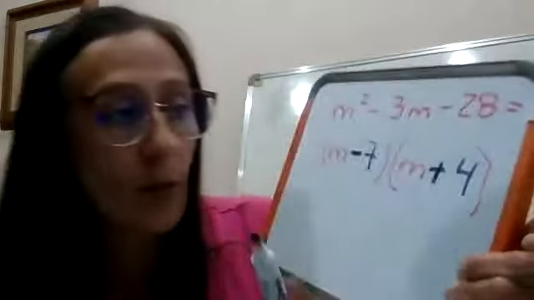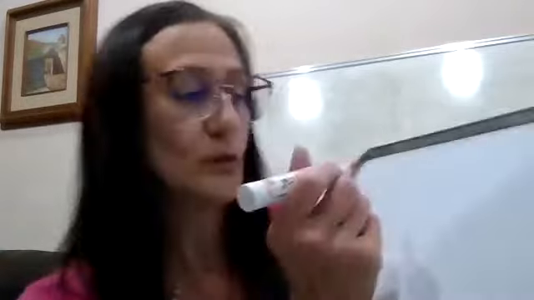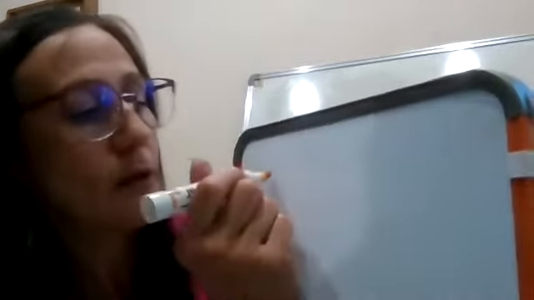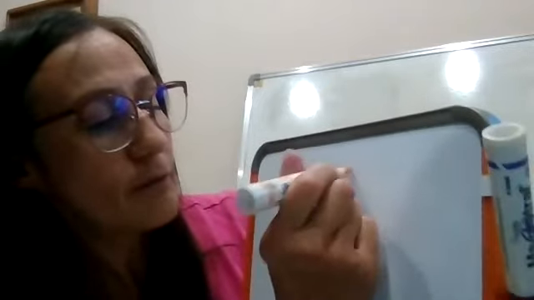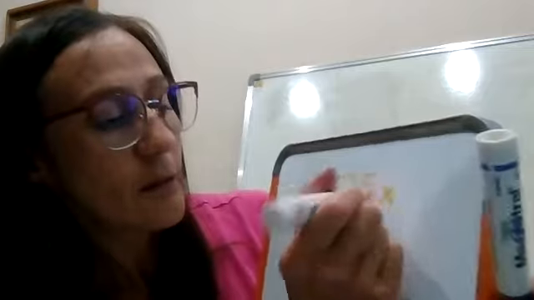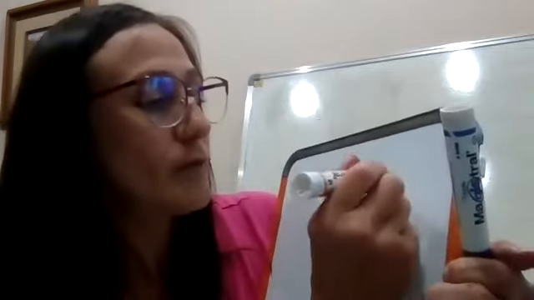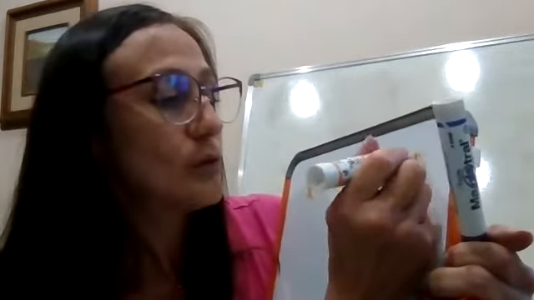Okay, well, we can check another example where you have a positive sign here. Okay, for example, x squared plus 25x plus 150.